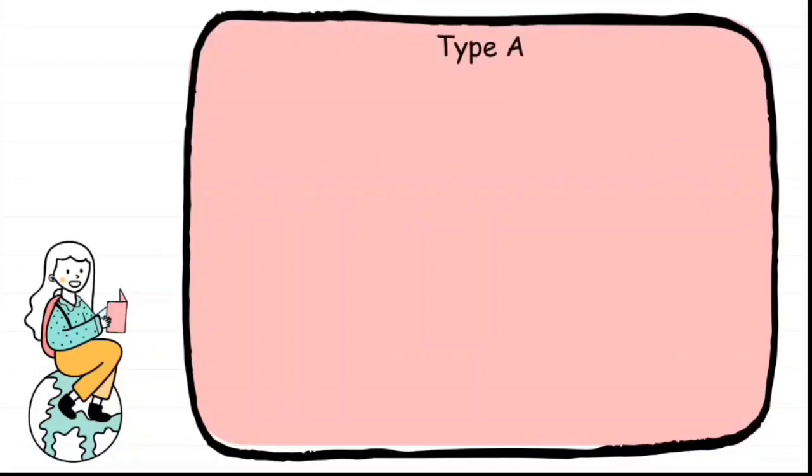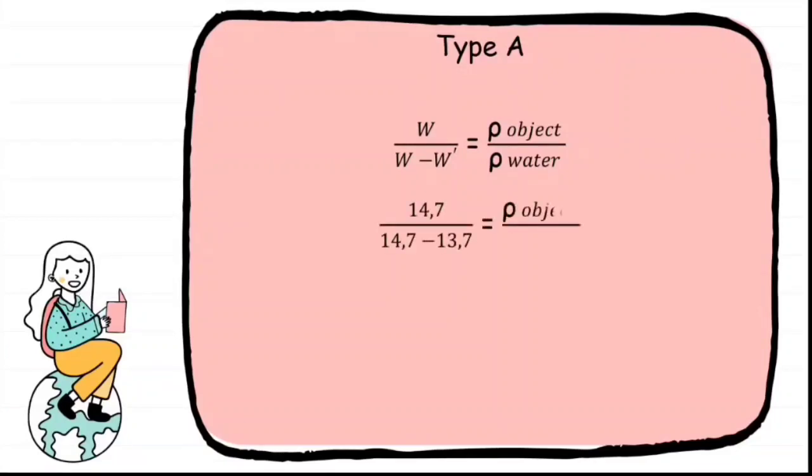Okay, start from type A. Write the formula first. W over W minus W accent equals rho object over rho water. The weight in the air is 14.7, so 14.7 over 14.7 minus 13.7, the weight of type A, equals rho object, which is asked, over 1000, the density of water.